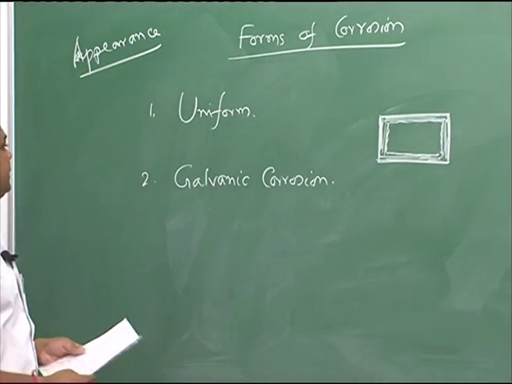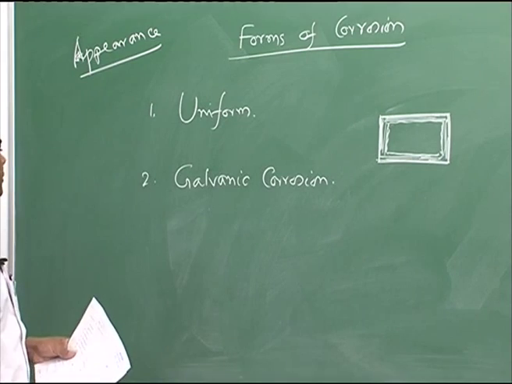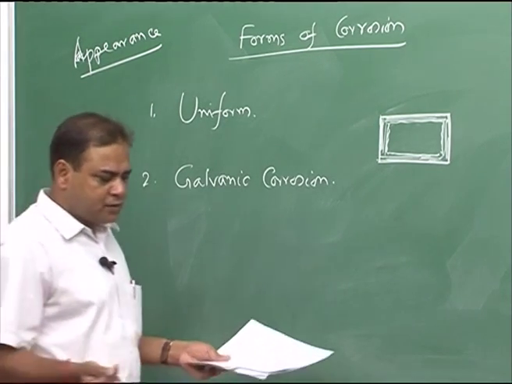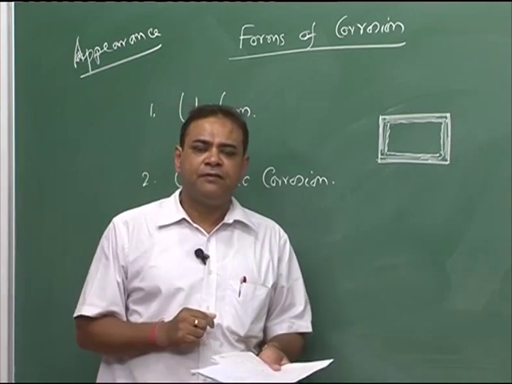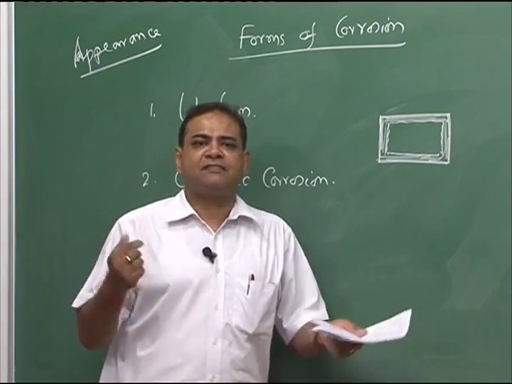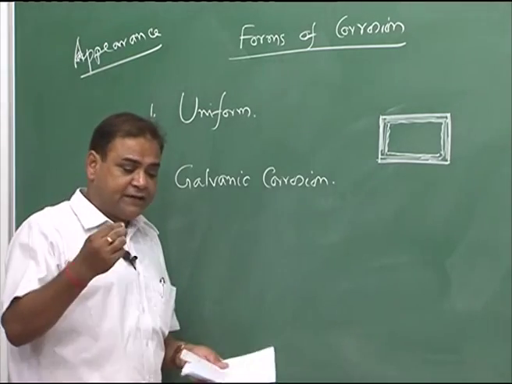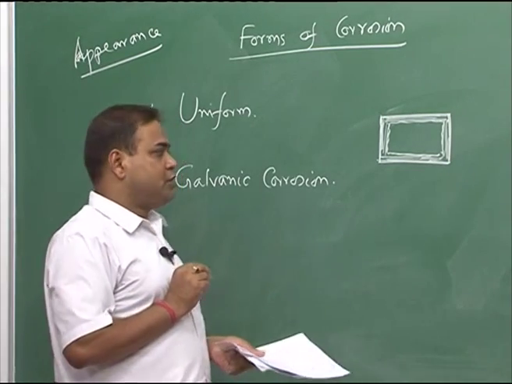Second is galvanic corrosion. In case of galvanic corrosion, we have two metal contacts, and one metal should be active and the other metal should be noble.